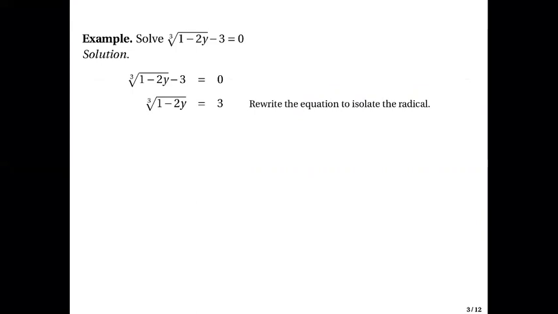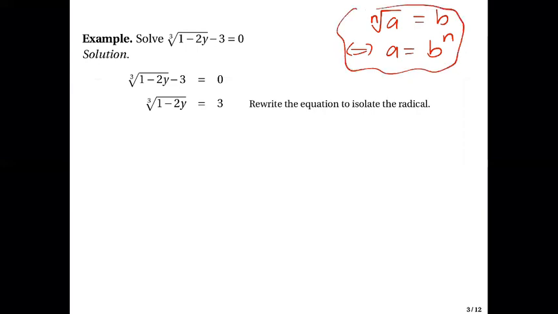And then the next step, remember: nth root of a equals b means that a equals b to the n. Or what you may recall is that the nth root of a, raised to n, is equal to a.